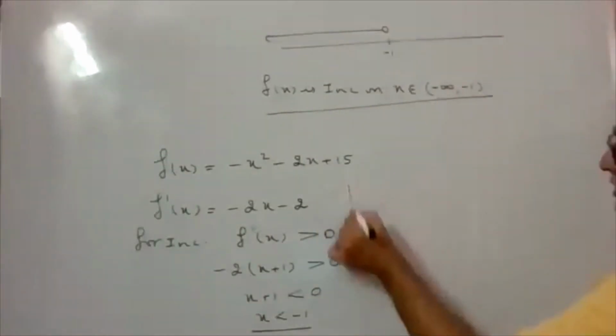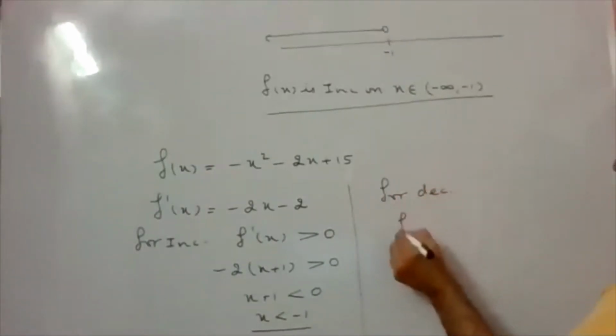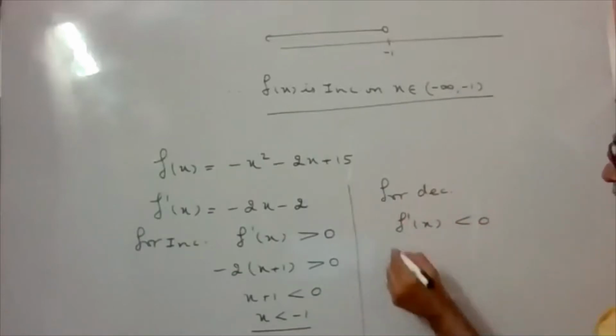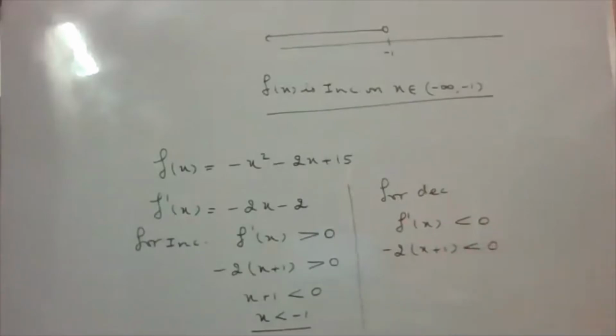Same way for decreasing, f dash x has to be less than 0, or minus 2 times (x plus 1) is less than 0. When you divide by minus 2, x plus 1 is greater than 0, or x is greater than minus 1.